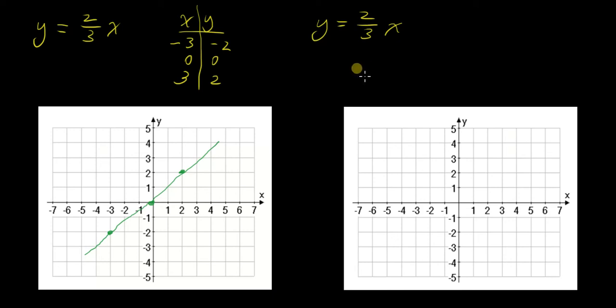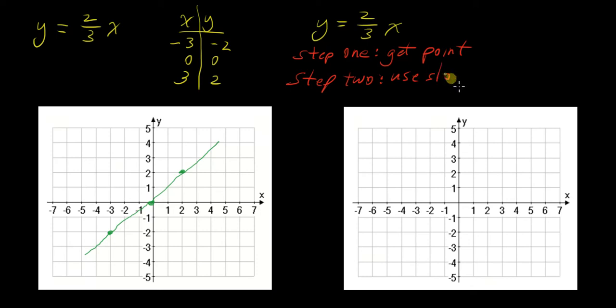We get 1 point and we do the slope. So, step 1, get a point. Don't do a whole t-table, just get 1 point. Step 2, use the slope. That's all there is to it.